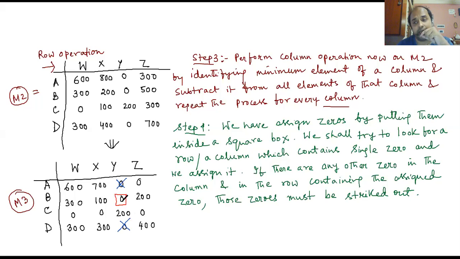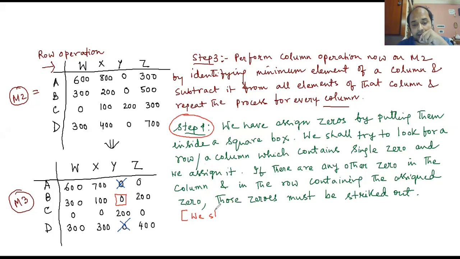Now I have to check again, once again, for the rows and columns which contain the single zero. The question is, how long should we check step number 4?